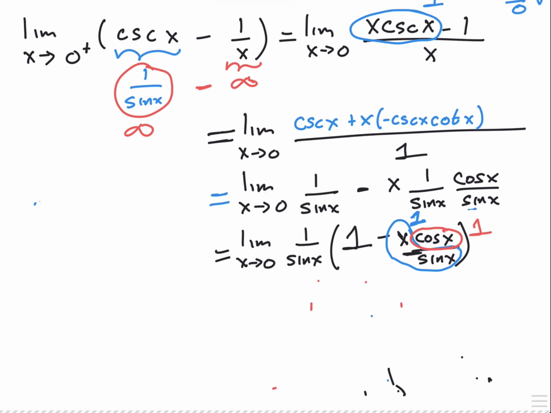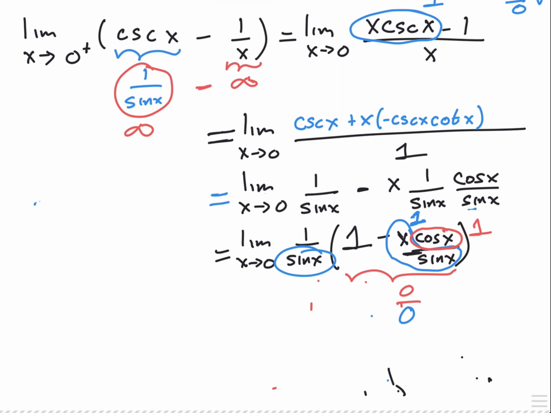So what do I have in the big parentheses? This is 0, right? Over, what's the limit as x goes to 0 of sine of x? Also 0. That is right. So what just happened?